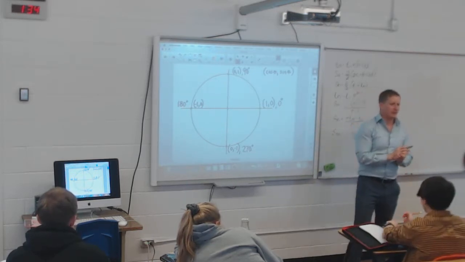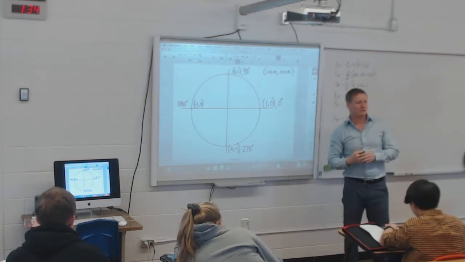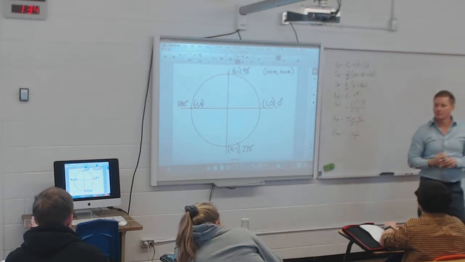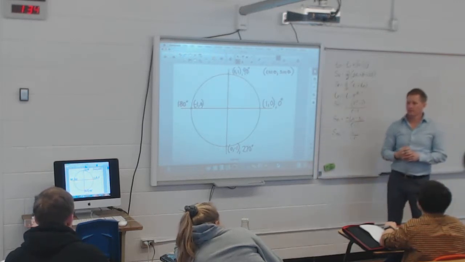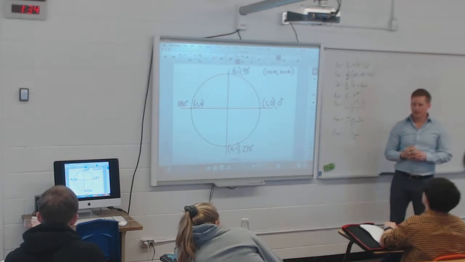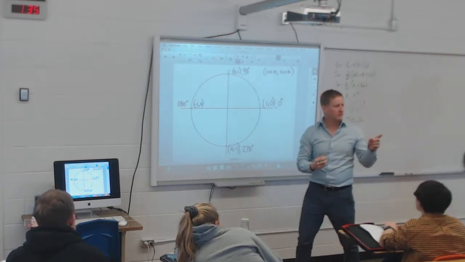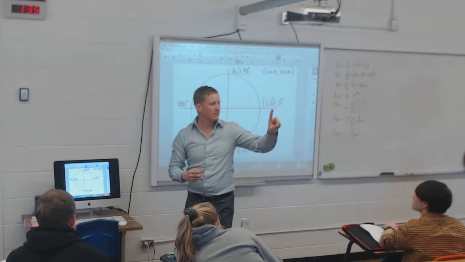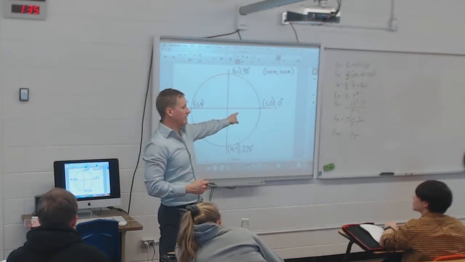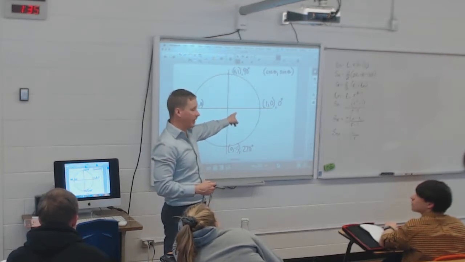How about I tell you this now? What is the cos of 0 degrees? She said the cos of 0 degrees is 1. How come? Where do I find my cos theta on that coordinate?